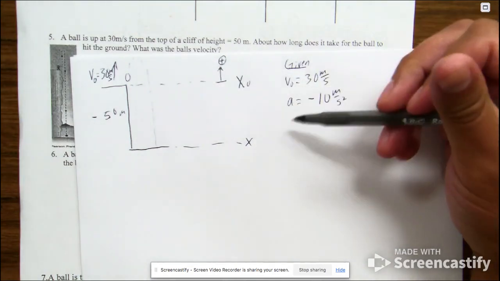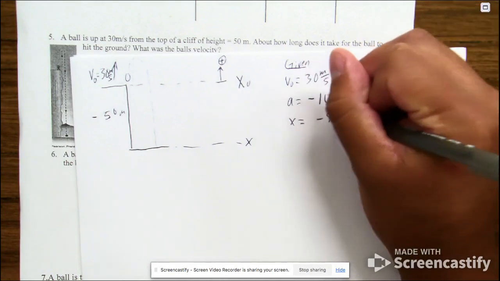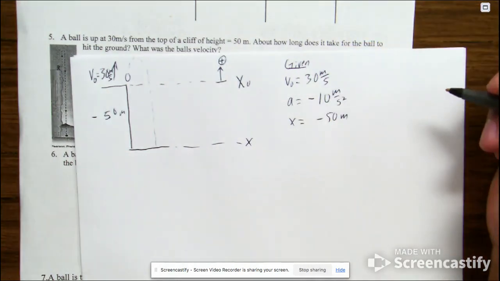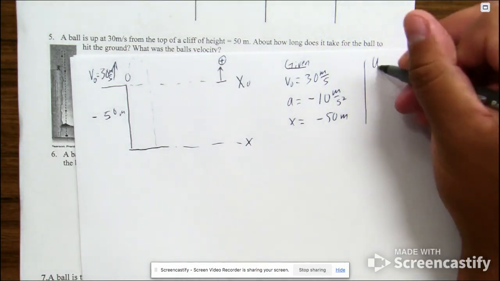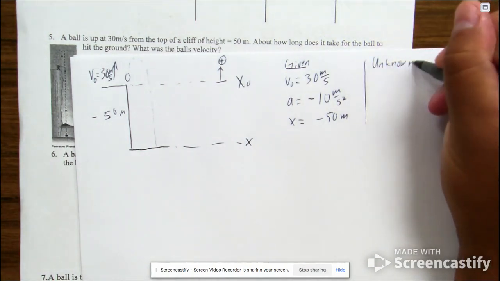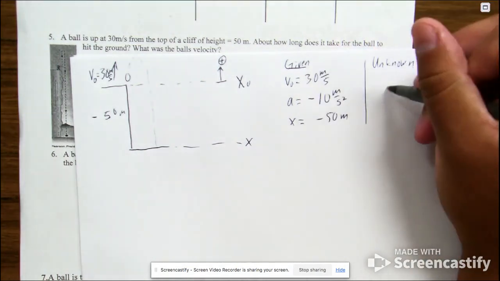I don't know my final velocity, but I do know my final position is negative 50 meters, and that's about all I know. Unknown: what am I looking for? I'm looking for how long, so time is what I'm looking for.